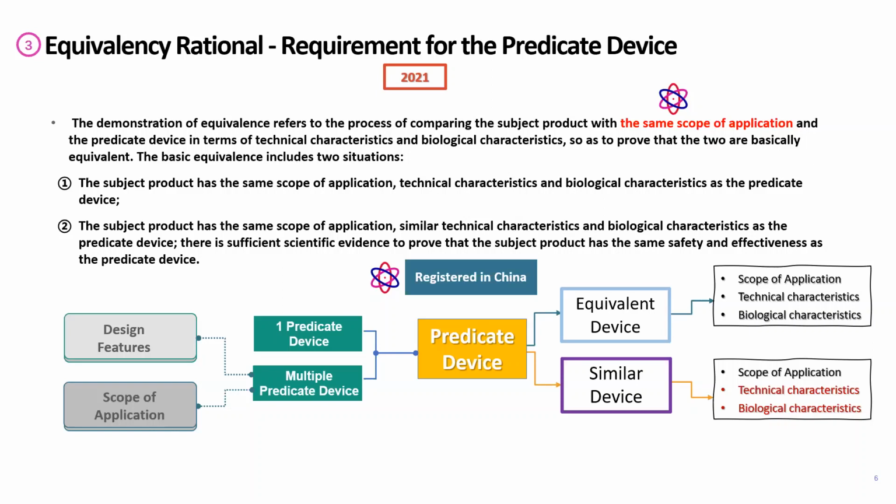Then we can use these different scopes of application of the predicate devices in the clinical evaluation report. So this guidance gives us these examples and tells us which device can be chosen as the potential predicate device. Next page.